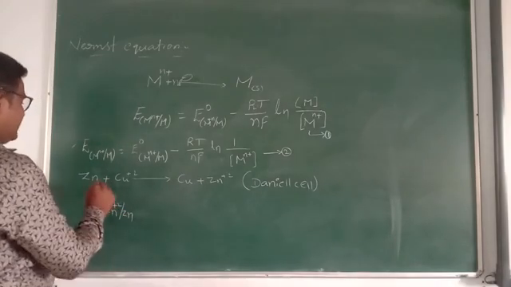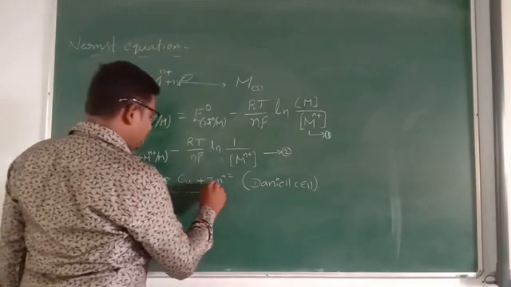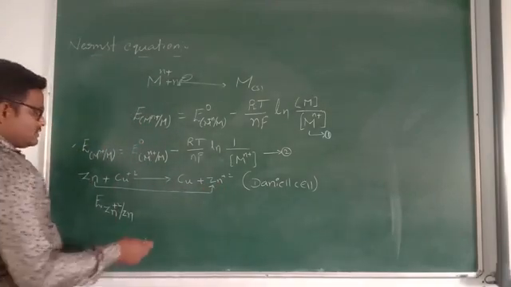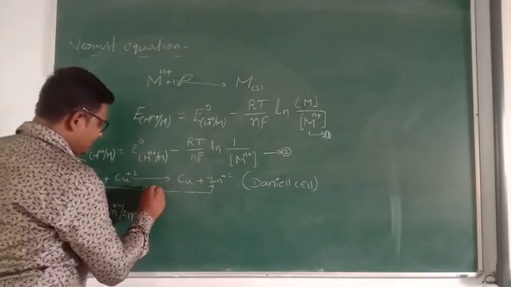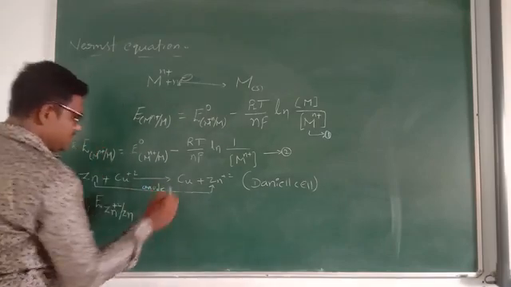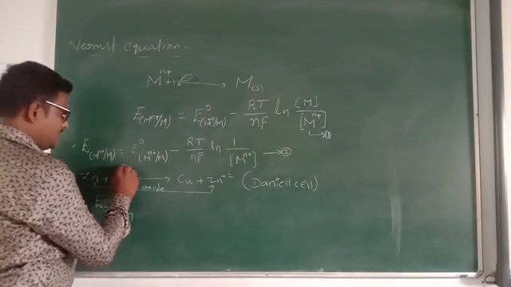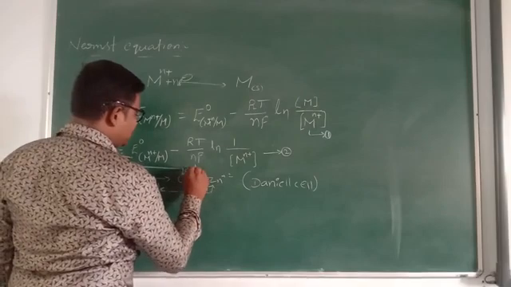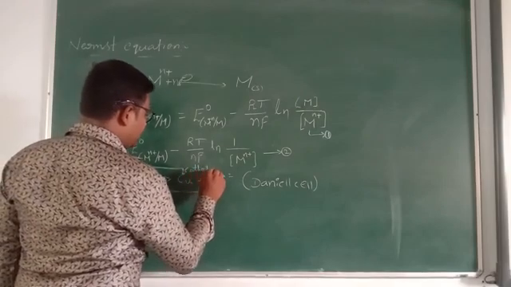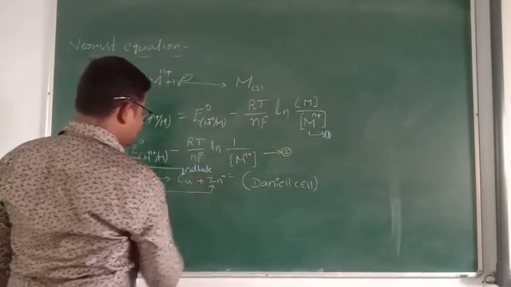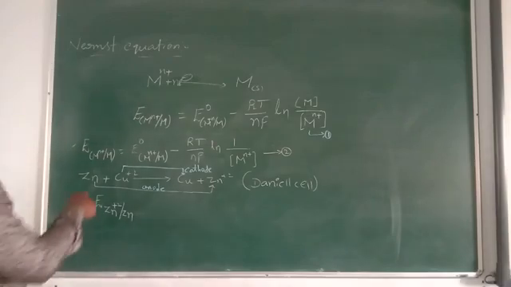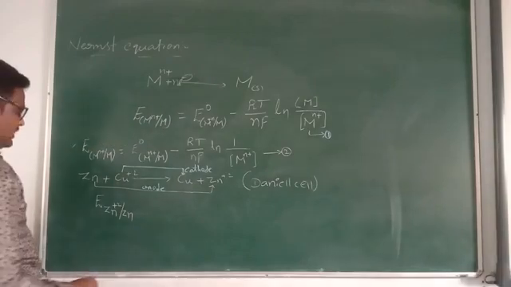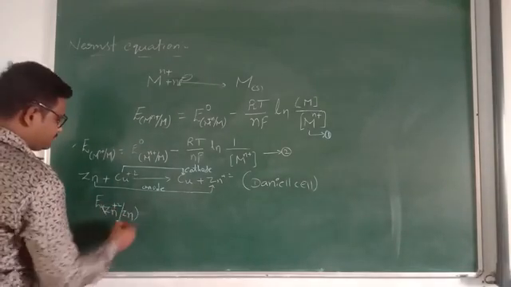Here zinc is converted to zinc ions, which is oxidation, so it is the anode. Here copper ions undergo reduction, and reduction is the cathode. This equation is related to the cathode, and this equation is related to the anode. First let us talk about the anode.